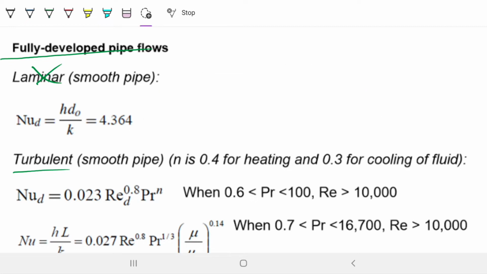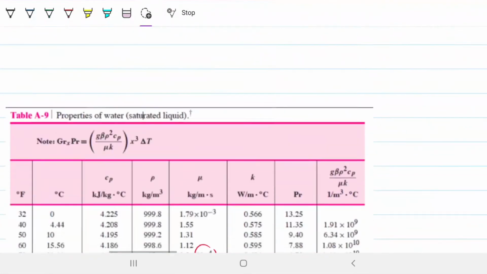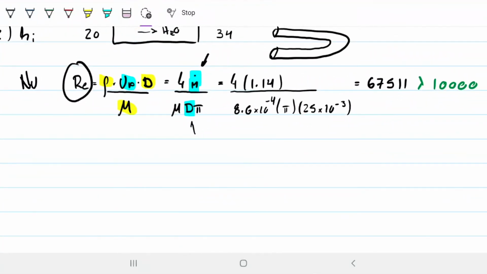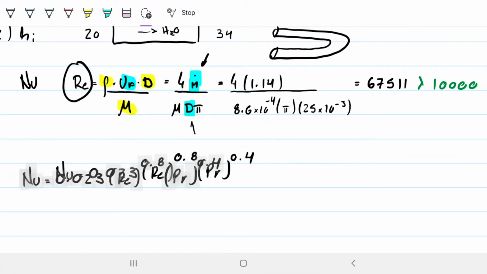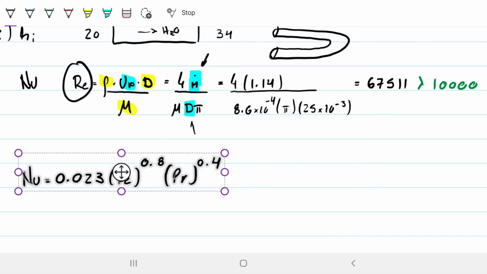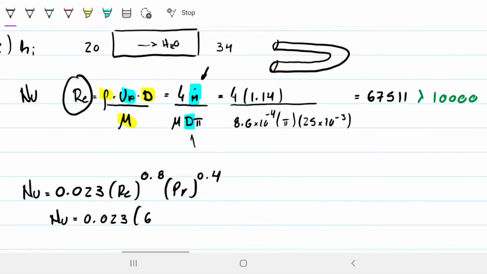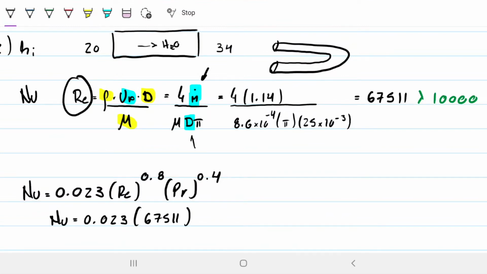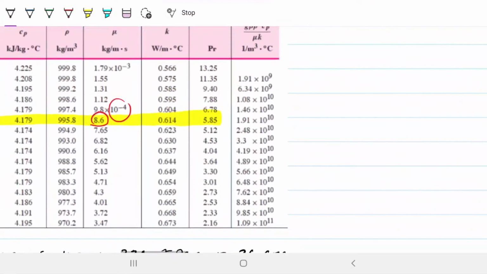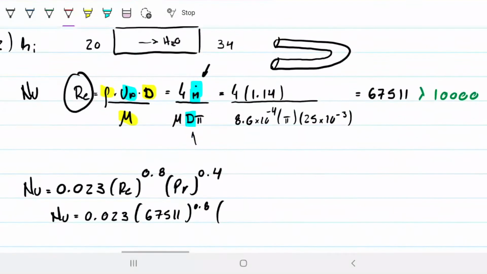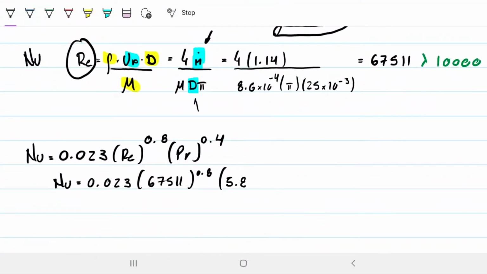So let me grab this, and we can take it with us. Okay, so I'm going to use the correlation for Nusselt: 0.023 times 67,511 to the 0.8 times Prandtl, 5.85, to the 0.4, which gave me a Nusselt number of approximately 340.5.